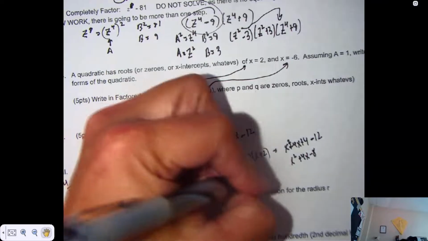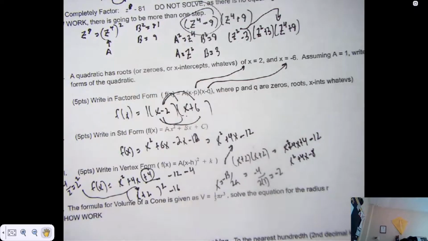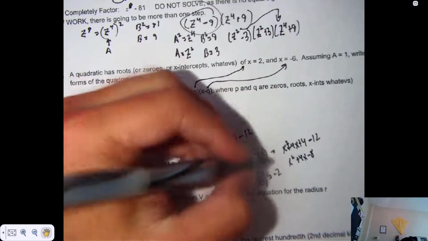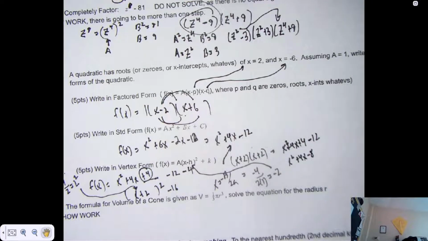That would give you a negative 4 over 2 times a 1, which is a negative 2. Sorry. Yeah, because when you plug that in, it fixes itself. When you plug it in up here, doesn't it become positive? And then plug that negative 2 in.